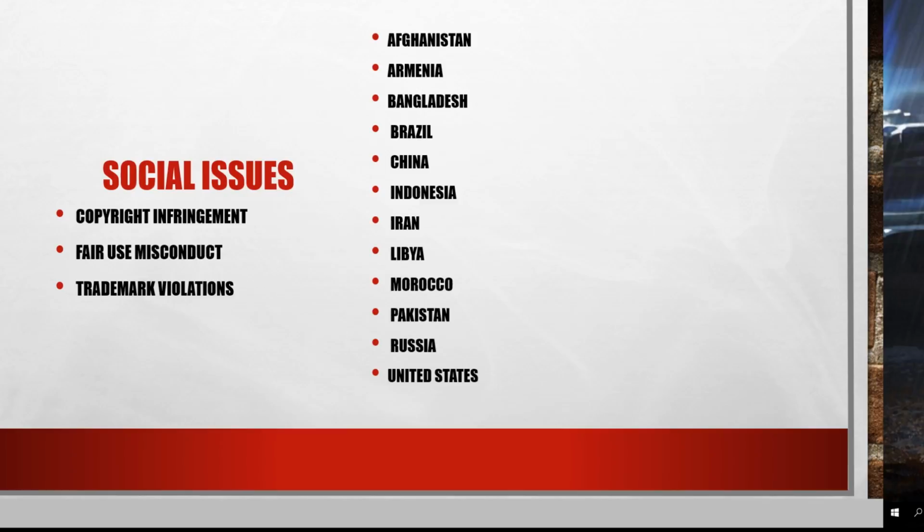These are the major ethical issues because YouTube is basically a video library that anyone can use to access all kinds of information. So because by nature YouTube is a video sharing platform, it makes it a hotbed for these types of copyright infringement and fair use misconduct and trademark violations.